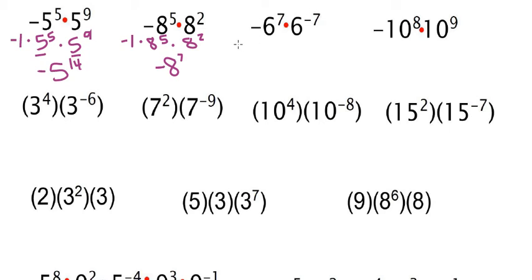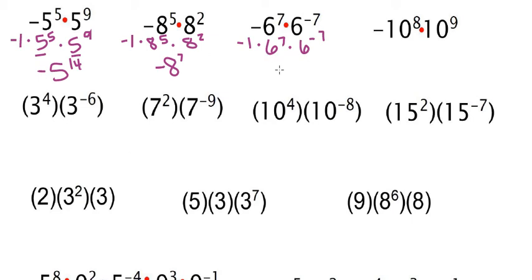I'm going to keep going here. So I've got negative 6. I just want to make that negative 1 times 6 to the 7th times 6 to the negative 7th. So again, we know from yesterday that we're not supposed to have negative exponents, but I don't want to deal with that until the very end. I want to see if maybe it goes away when I combine.